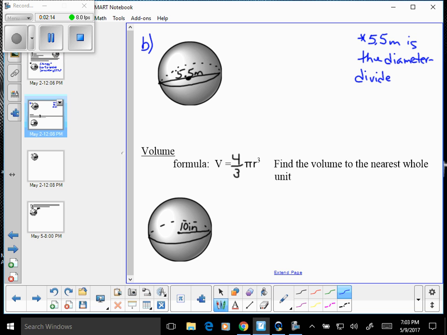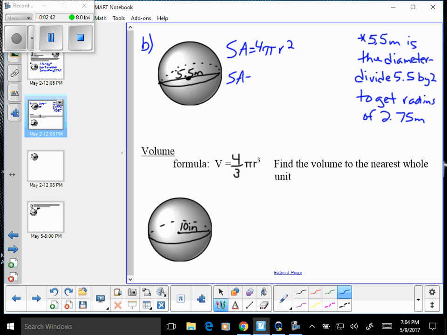Divide 5.5 by 2 to get the radius of 2.75 meters. Now we're going to work with the surface area formula, which is 4 pi r squared.